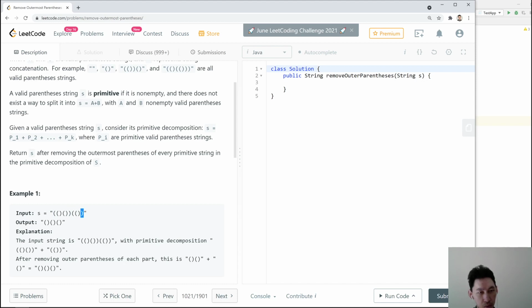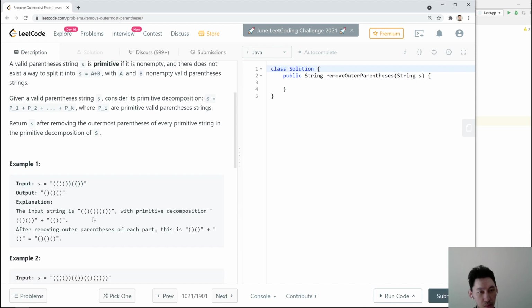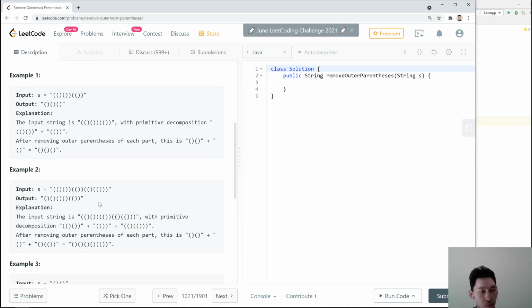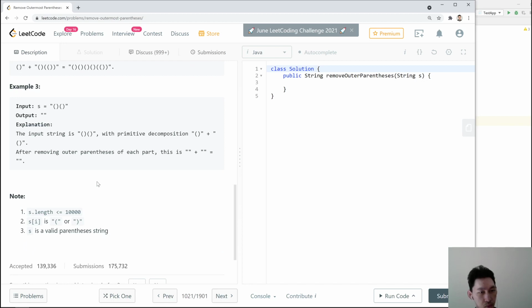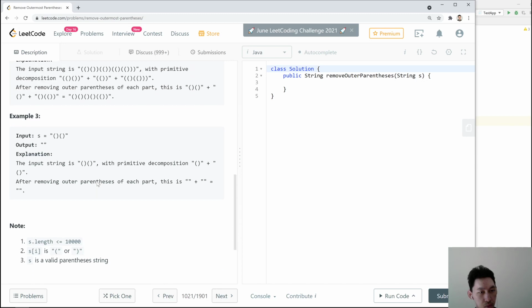And then we remove these ones. So the only thing we can have is one of these.